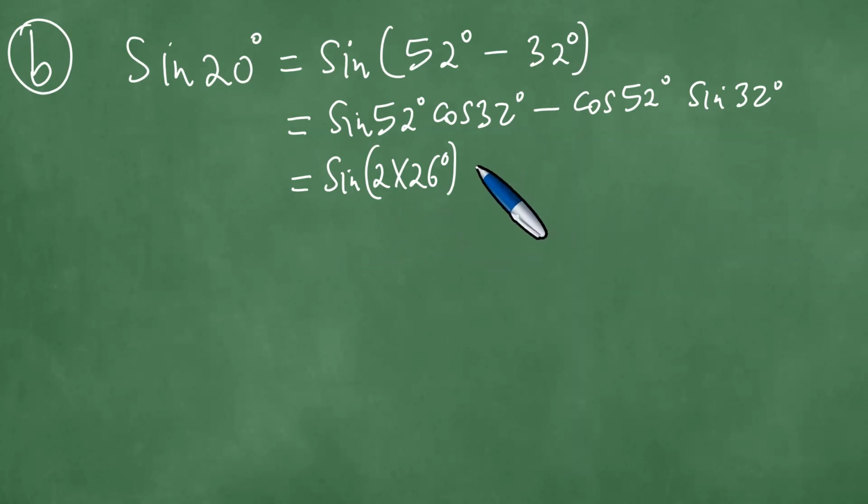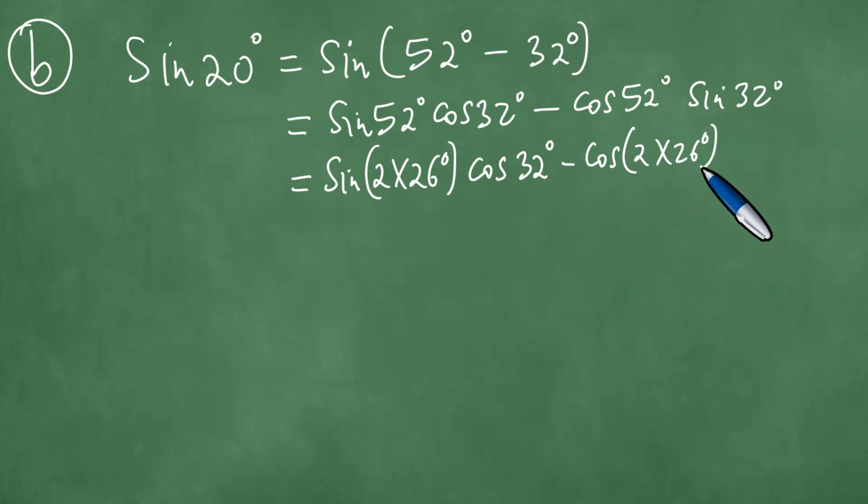And then we keep the cosine of 32 degrees, minus the cosine of 2 times 26 degrees multiplied by the sine of 32 degrees. What is the meaning of all these?